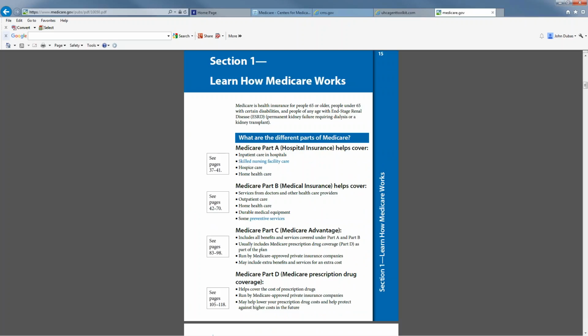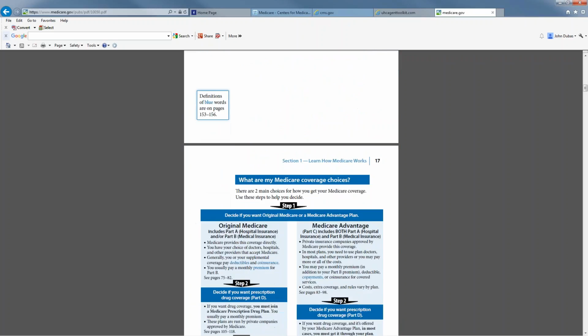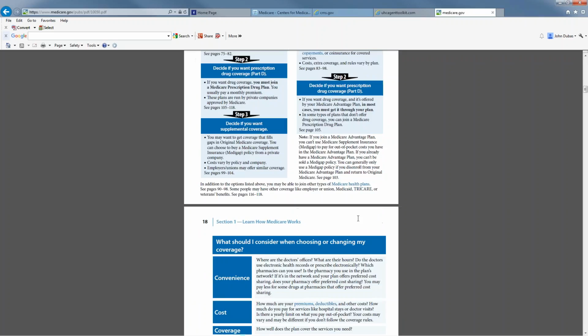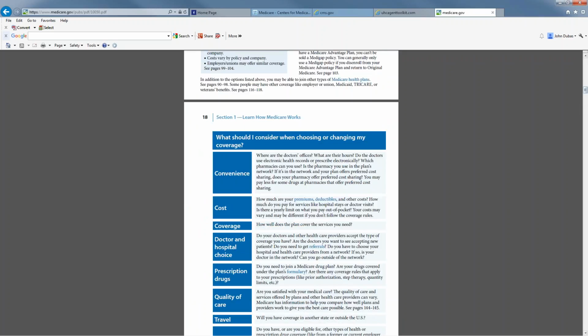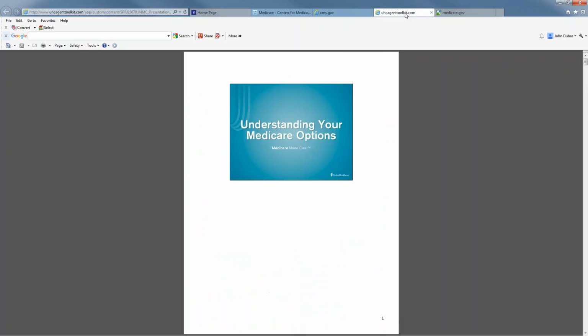I would strongly recommend that anybody who runs Medicare appointments or meetings or references material about Medicare have one of these copies available as part of their presentation binder in their briefcase so they can use it for reference purposes. Great tool that's available to you, a piece that you really need to use.